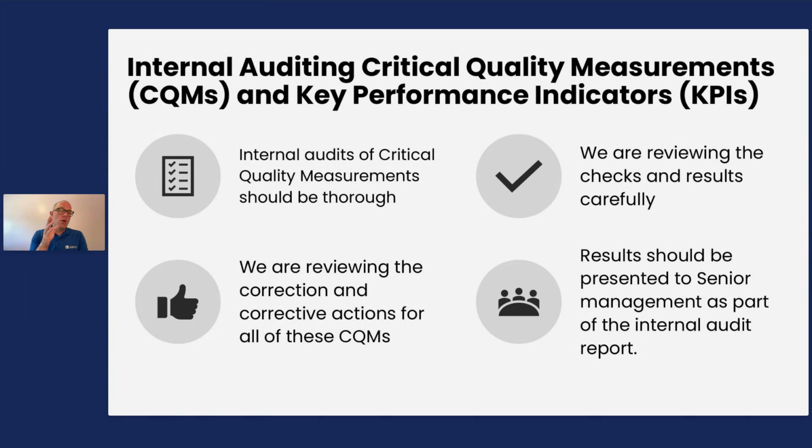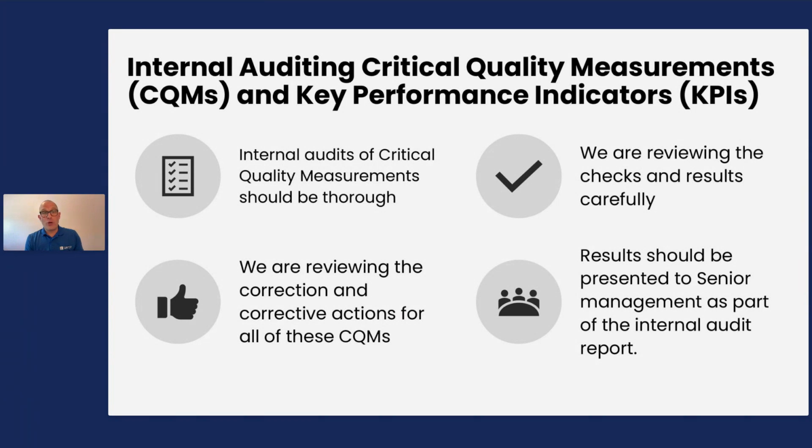So most likely I'm going to do the internal audit prior to the final management review. And I would expect that the internal audit has very carefully reviewed those critical quality measurements, and that all of those are being confirmed and presented to top management for that review.